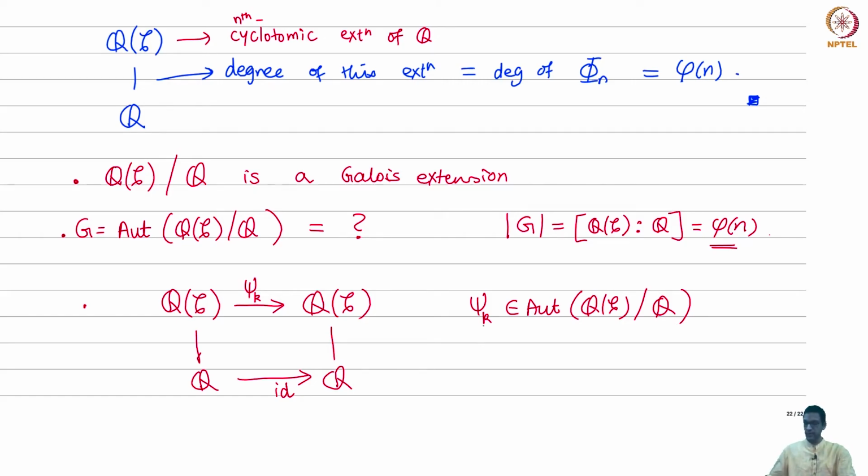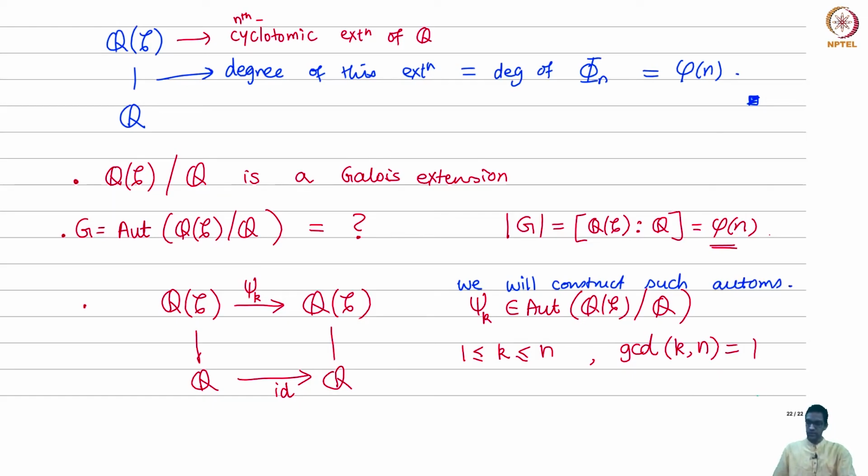I'm going to construct such automorphisms, one for each k, where k runs from 1 to n and the GCD of k and n is 1. We will construct such automorphisms.